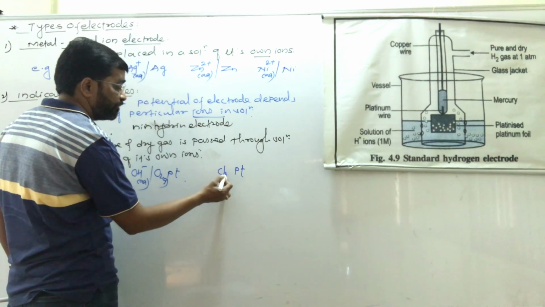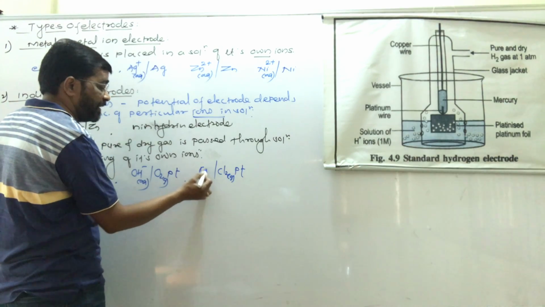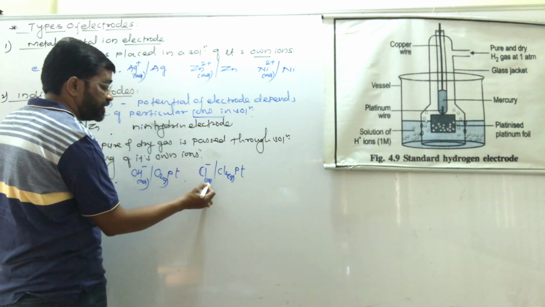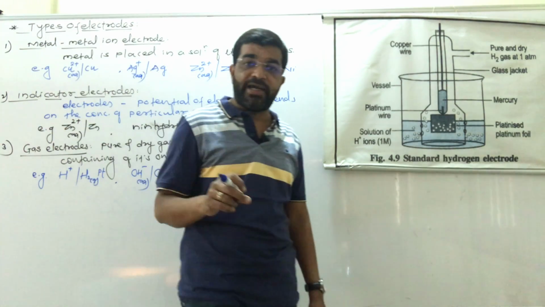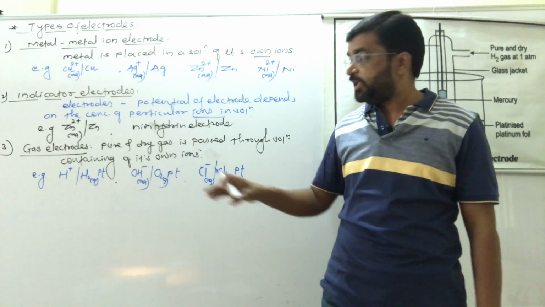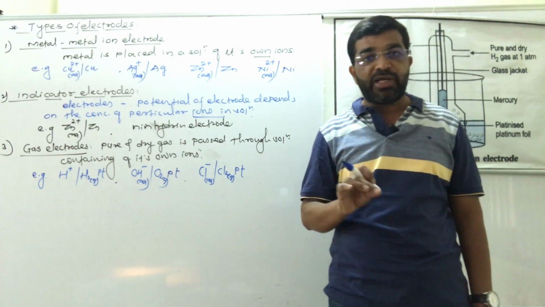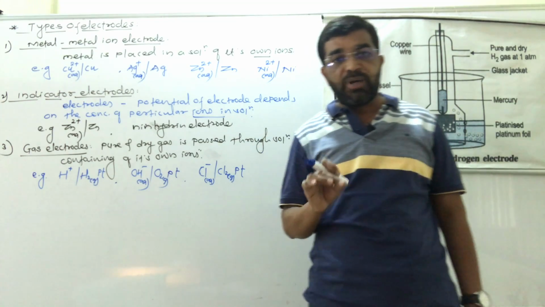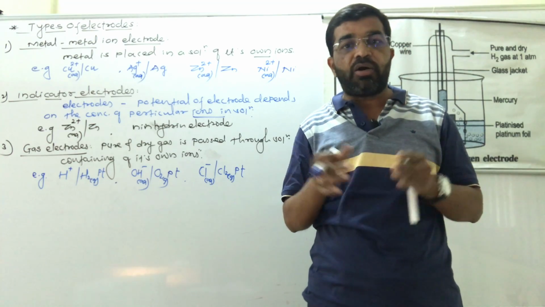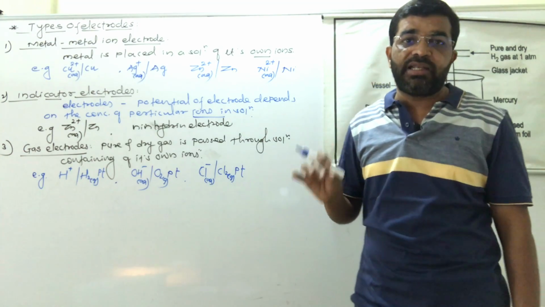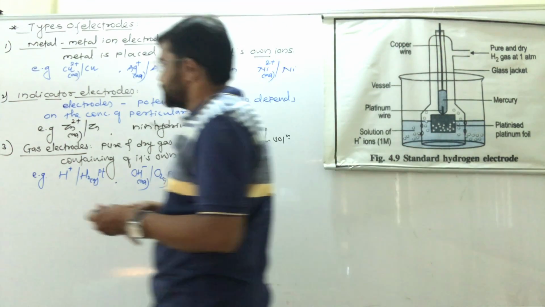Here platinum, chlorine gas is bubbled around the platinized platinum foil, and Cl minus ions are present in the solution. So they are known as gas electrodes.